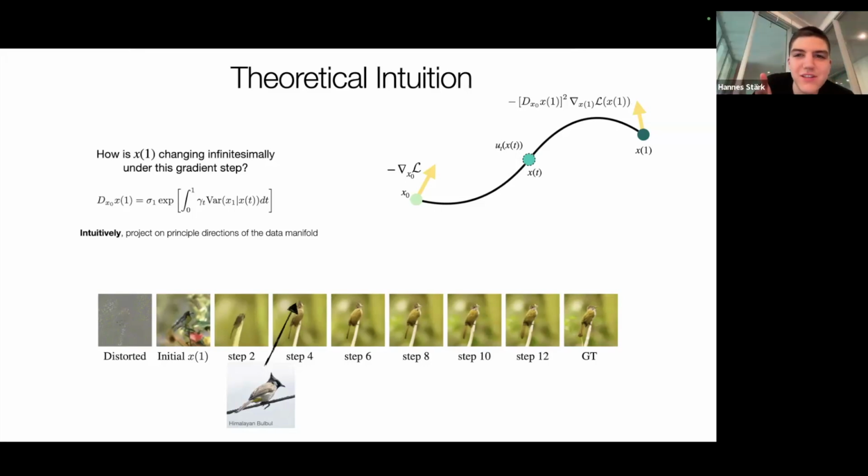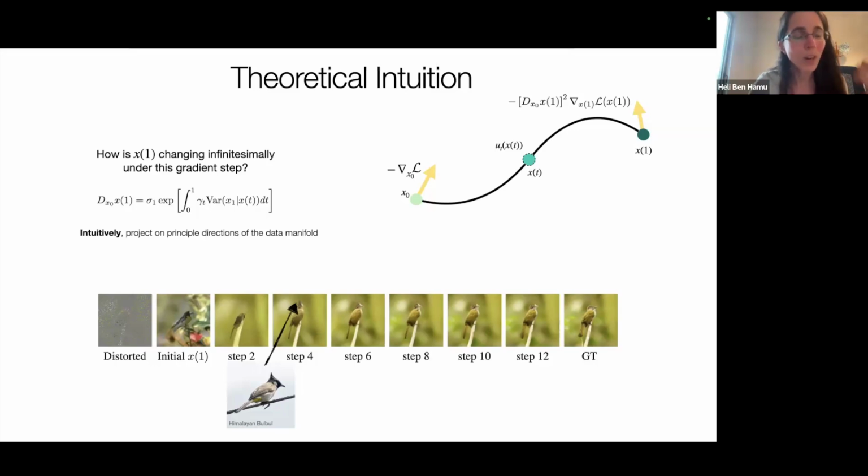Okay, so essentially what we're saying is that the x1s that we generate while we optimize x0 are still something that could come from our distribution, and correspondingly the x0 will be looking like a Gaussian.